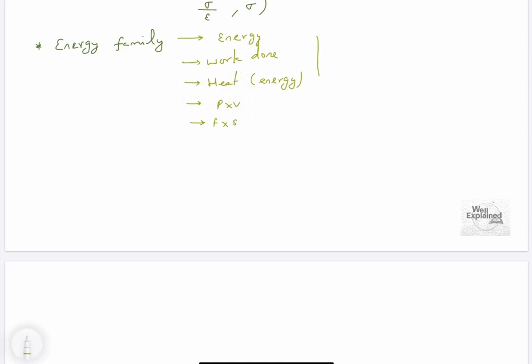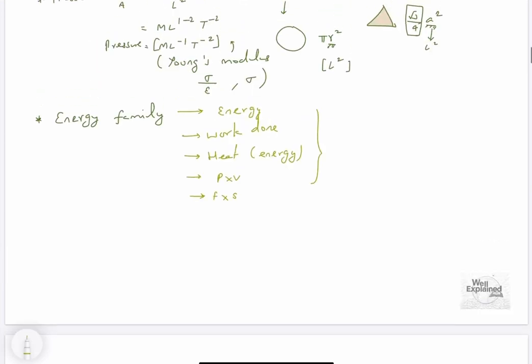All these, pressure into volume, actually gives you work done if you check it out. Then we have force into distance, and all types of energies, whether it may be internal energy, whether it may be any form of heat, even sometimes nuclear energy.